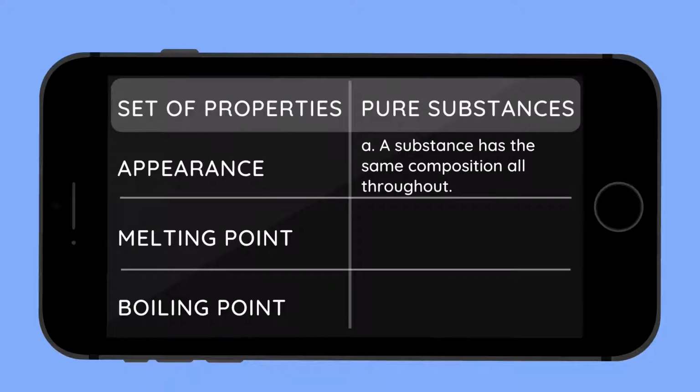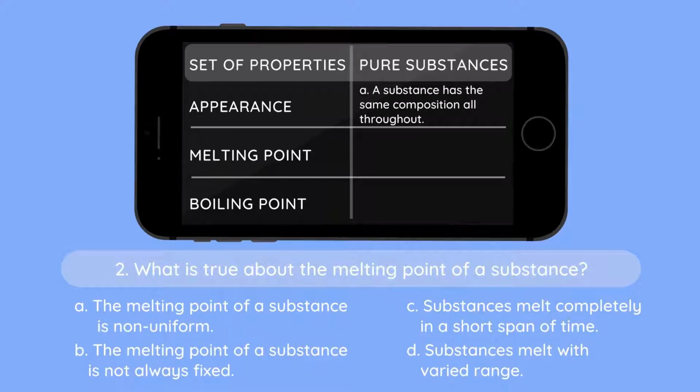That's right. Question 2. What is true about the melting point of a substance? A. The melting point of a substance is non-uniform. B. The melting point of a substance is not always fixed. C. Substances melt completely in a short span of time. Or D. Substances melt with varied range.